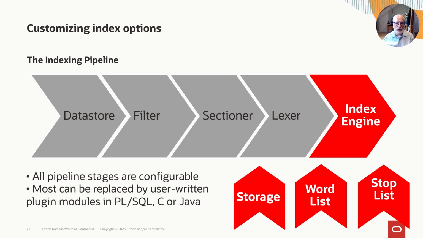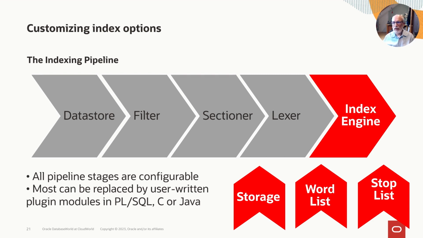So you can write a new procedure, you can borrow a procedure that somebody else has written and plug that into the indexing pipeline. So once again, I don't have time to go into this in lots of detail, but I would urge you to look into the indexing pipeline capabilities. And again, this is all in the Oracle Text Developers Guide.